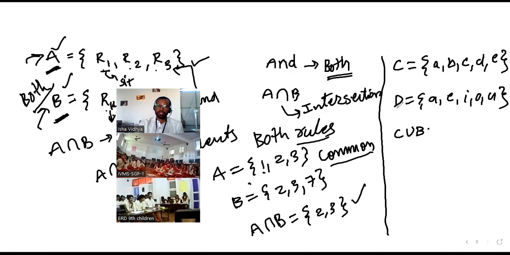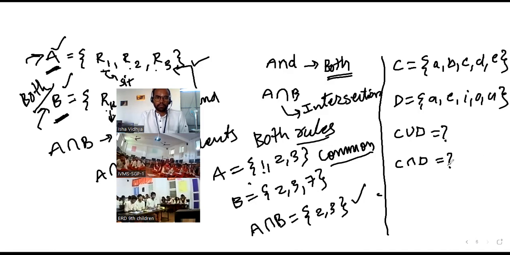First question, C union D. And the second one, what is C intersection D? Solve this, and I'm going to send some questions to you tonight, then try to practice them. Please copy this quickly.